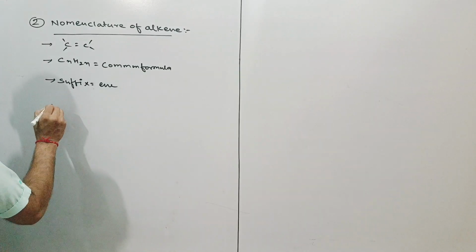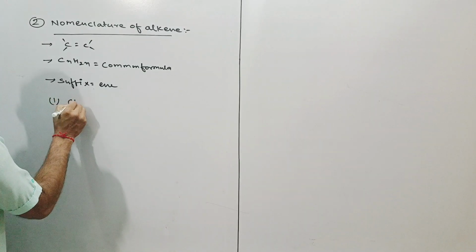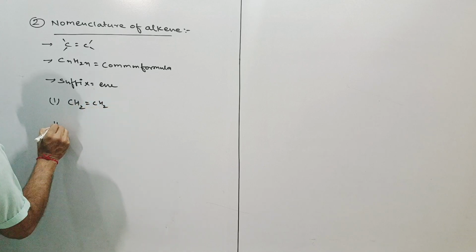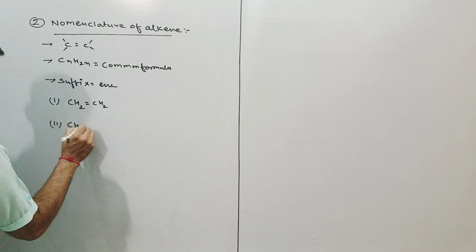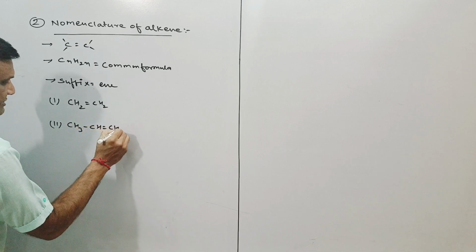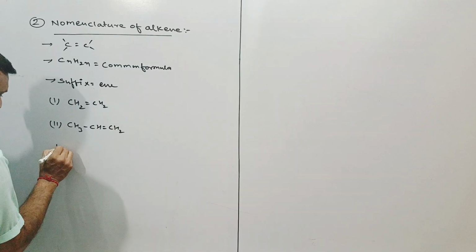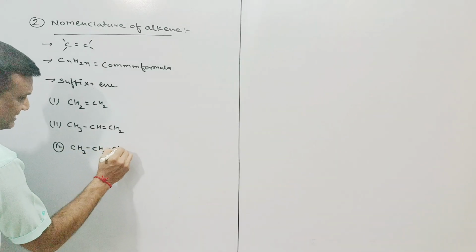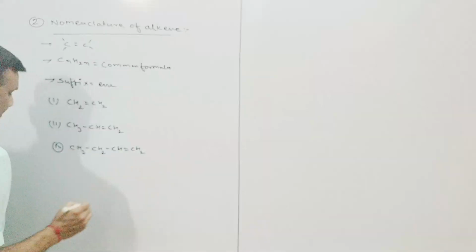If we go with the compounds, we can take the first compound as CH2=CH2. The second compound is CH3-CH=CH2. The third compound is CH3-CH2-CH=CH2.